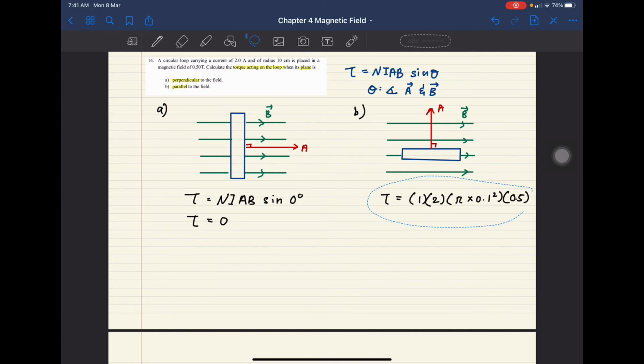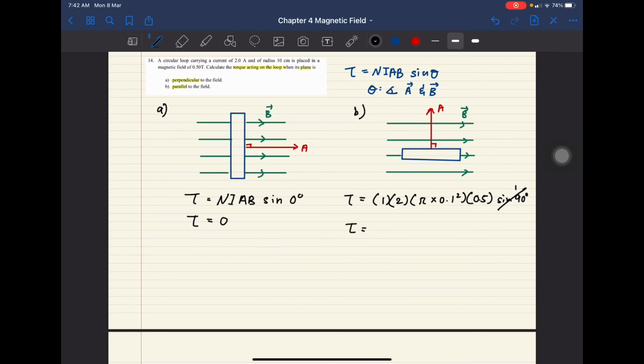Again it will be sine 90 degrees, which is equal to 1. Here I've got 0.0314, so it will be 3.14 times 10 to the negative 2 Newton meter.